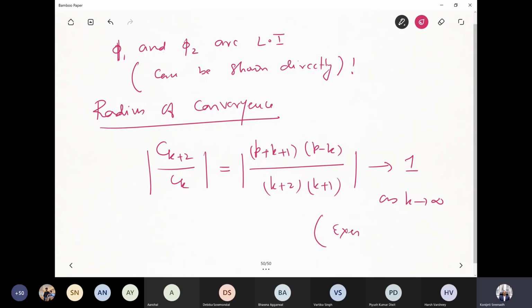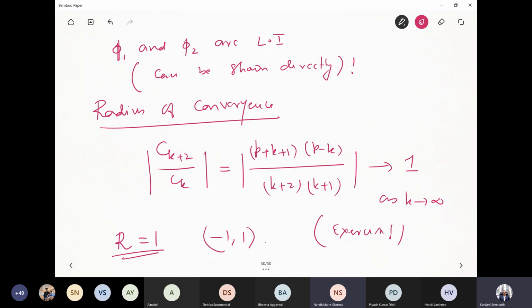So I leave this as an exercise to you. It is not difficult. You can do it yourself. Take k square as a common factor from the top as well as the bottom. So either p by k goes to 0 and this becomes 1 and this goes to 0, and this is similar, right? So on the absolute value, everything goes to 1. Therefore, the radius of convergence R is 1. So the solution converges in the interval minus 1 to 1.